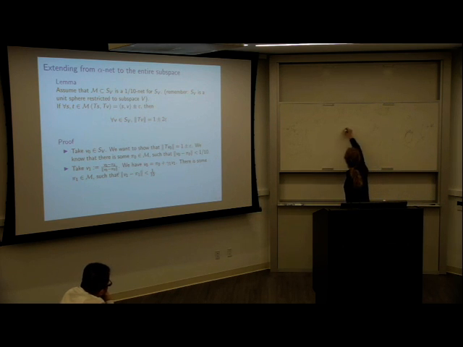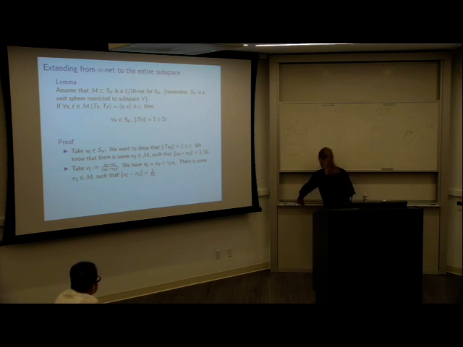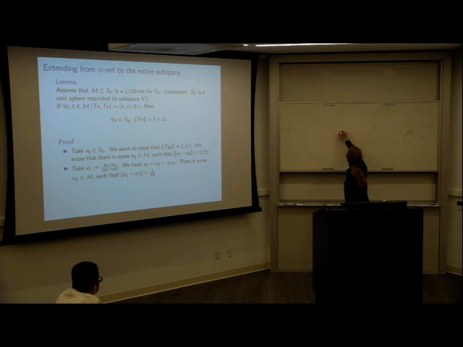Okay, so I have some arbitrary point v naught that is in a sphere. I know that there is a guy pi naught that's close to it. So I know that v naught is pi naught plus the remainder.